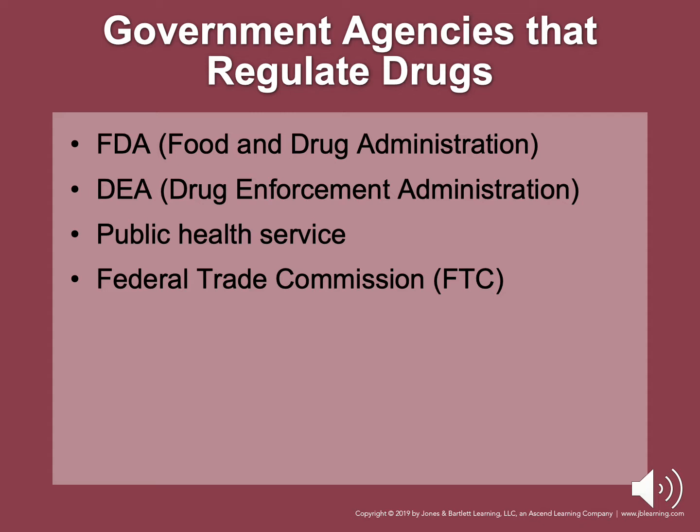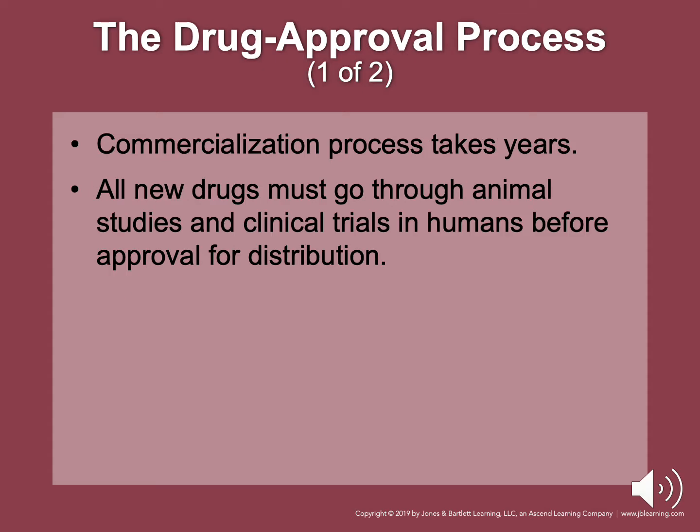It makes recommendations to the FDA regarding direct-to-consumer advertising. The drug approval and commercialization process takes years. These drugs go through a lot before they are put on the market. All new drugs must go through animal studies and clinical trials in humans before approval for distribution. The average time for a drug to be developed, tested, and approved is about 9 years.